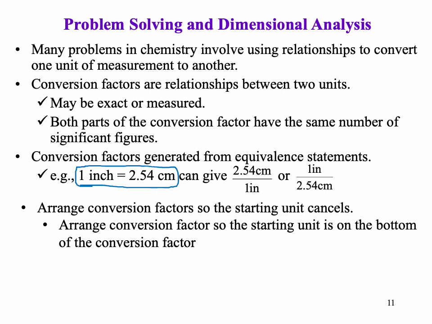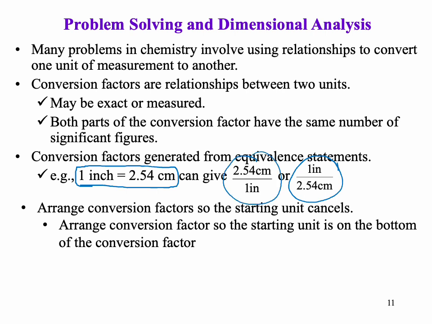I can use this conversion factor as a fraction. How? One of these quantities will go in the numerator, one in the denominator. So if I put 1 inch in the denominator, it becomes 2.54 centimeters divided by 1 inch. Or I can do the reverse, which would be 1 inch divided by 2.54 centimeters. So these are my conversion factors.